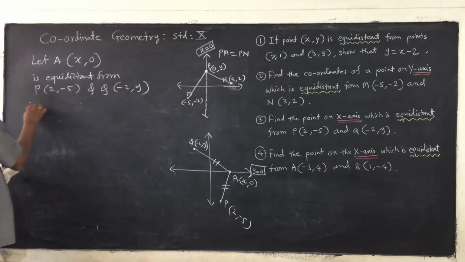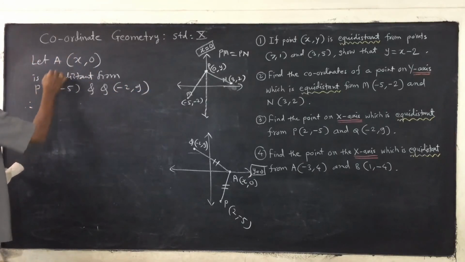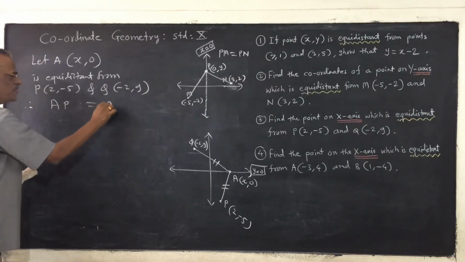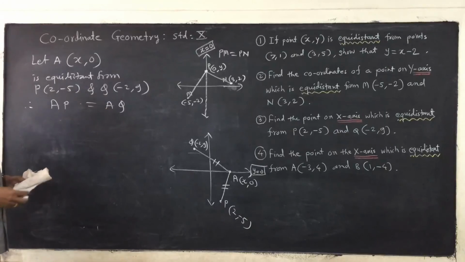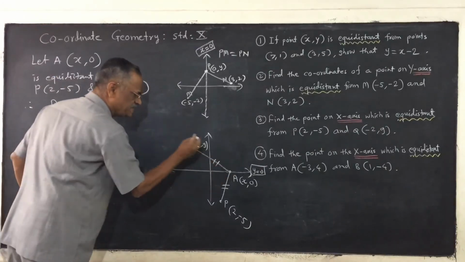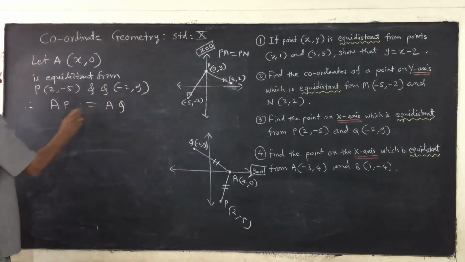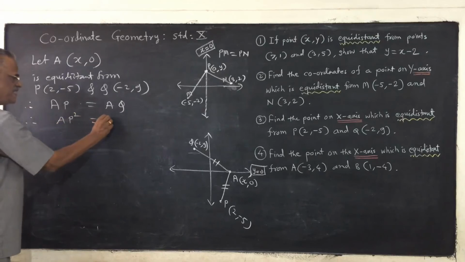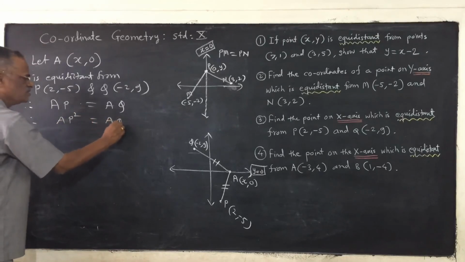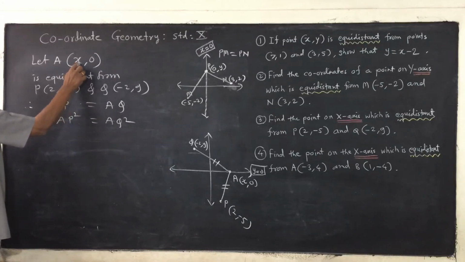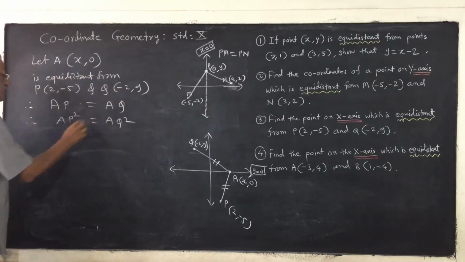You can see that AP and AQ are equal. A is equidistant from P and Q, so you can use this property. By squaring, AP square is equal to AQ square. See how to use AP square is equal to AQ square.